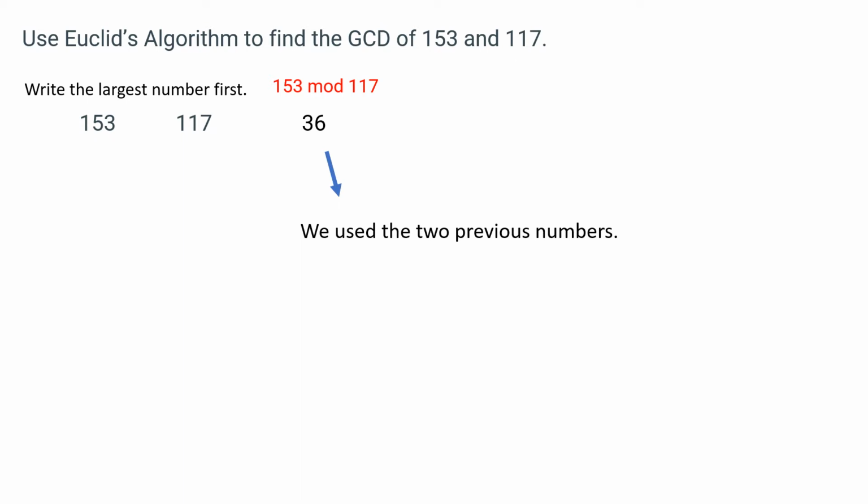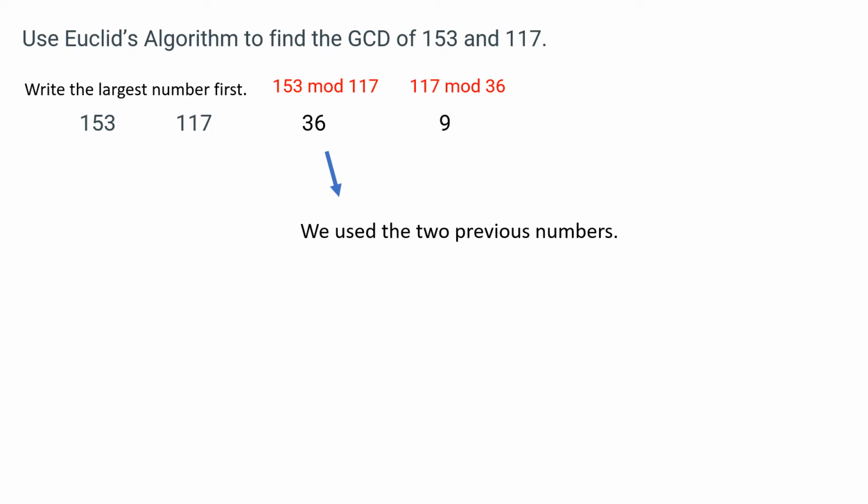Okay, so now we would be saying, okay, 117 and 36, what would the GCD of that be? But we're going to go a step further, and we're going to use that theorem again. We're going to take those two previous numbers, 117 and 36, and take 117 mod 36.